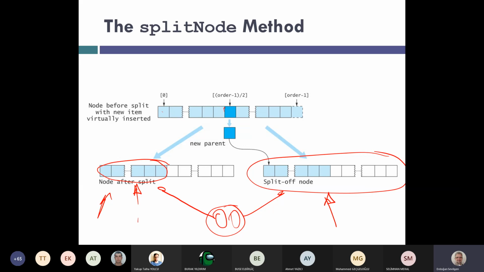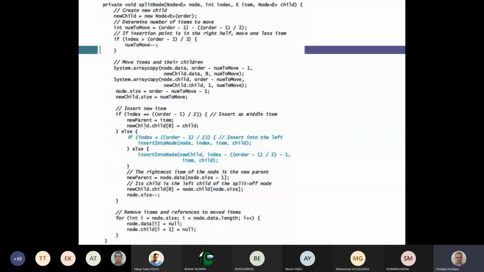There is one more special case. It will be in the middle as well. This value would be the middle element. If it was the middle element, the new parent and new child are the item and the child value.